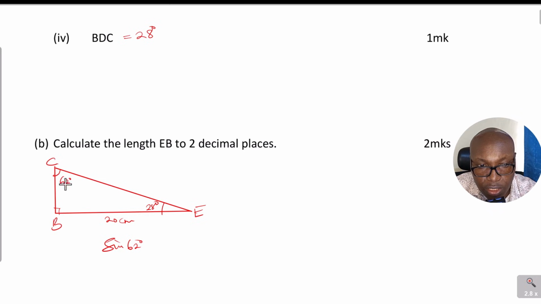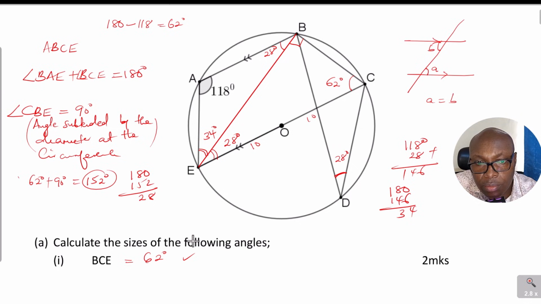So sine of 62 is equal to the opposite side, which is BE or EB, divided by... let me see here. You need to calculate the length EB. I think I indicated the wrong one.